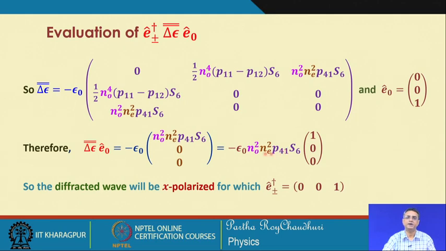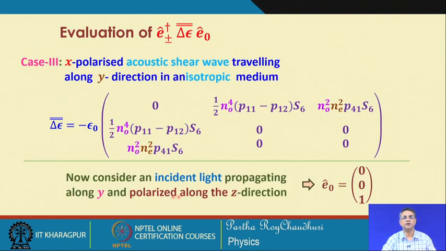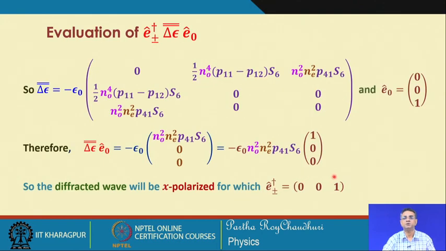So, this quantity being scalar tells you that the diffracted wave will be X polarized. That is very interesting: when you have an incident beam propagating along y and Z polarized, that gives you a diffracted beam which is X polarized. So, there is a coupling from Z polarized to X polarized.